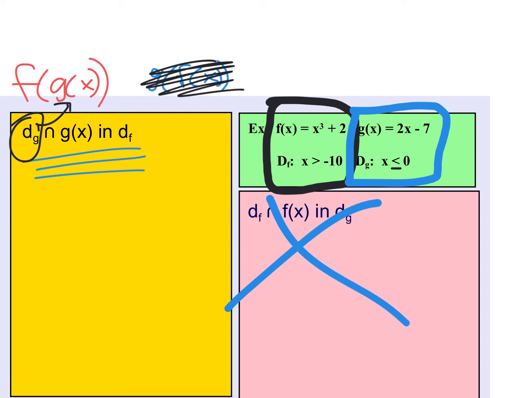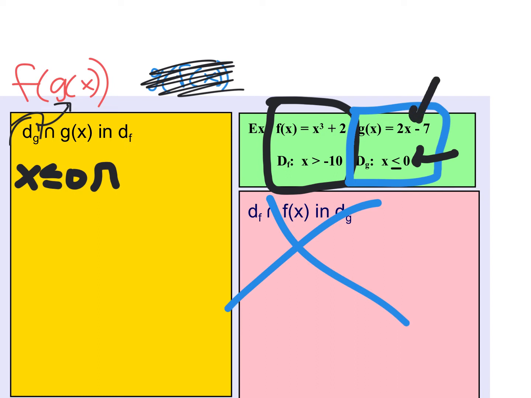Okay, let's see how you did. Here's g and here's its domain. So I want x less than or equal to 0 intersected with g of x, which is this function, 2x minus 7.